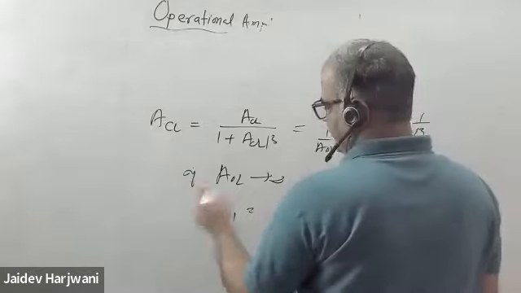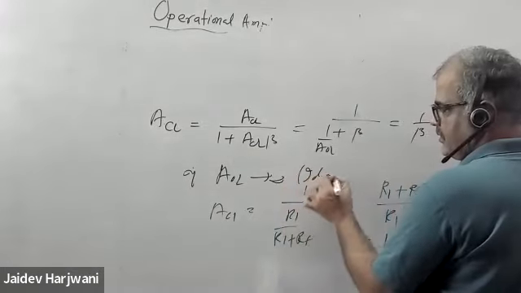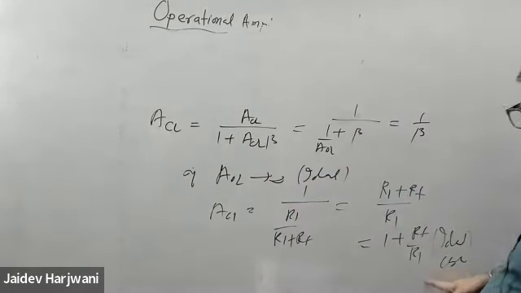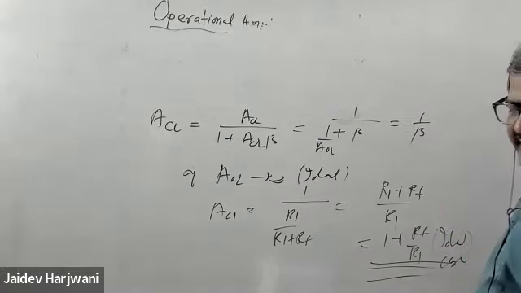If A_OL is ideal, then we get the same formula that we derived for ideal. Are you getting these things?